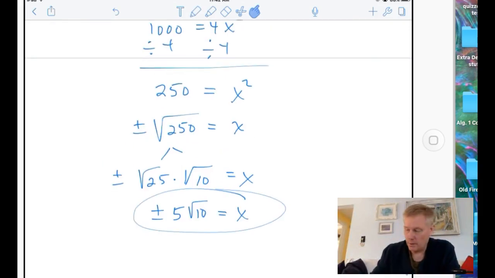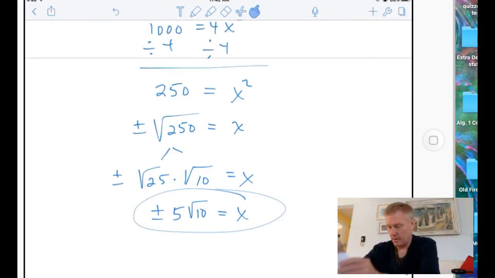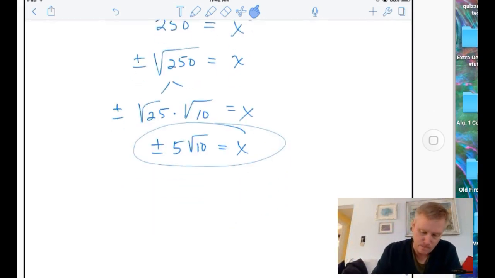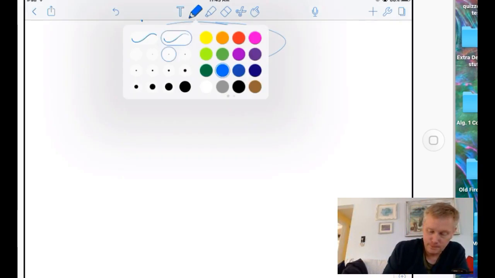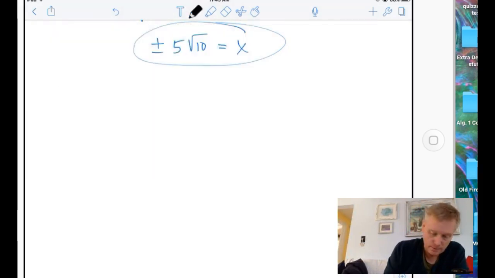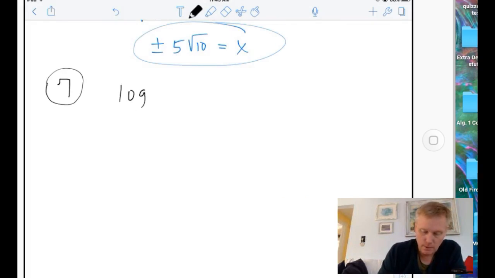All right, so was that my last one? Nope, sorry. Okay, next. Number 7. I got 2 more and then I'm done. Log of x minus 3 plus the log of x equals 1.